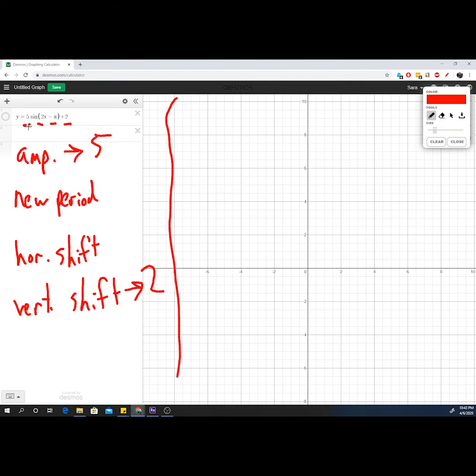So for the new period, remember the trick was you take your bx and you set it equal to the normal period.